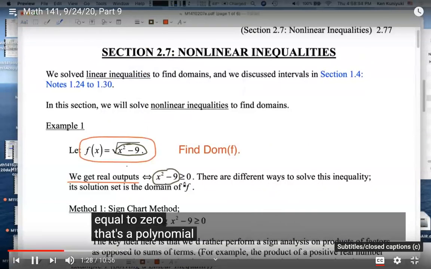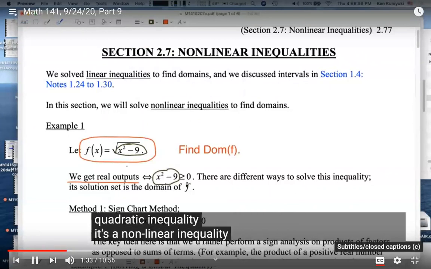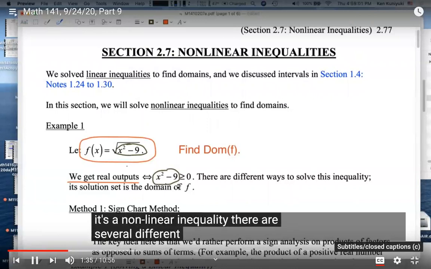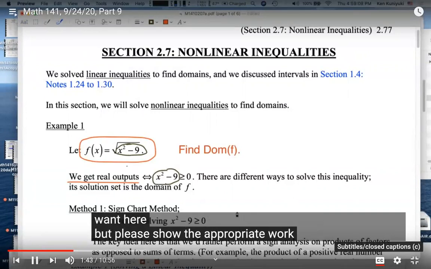That's a polynomial inequality. It's a quadratic inequality. It's a nonlinear inequality. There are several different ways we can solve this, and you can pick your poison. You can pick whatever method you want here, but please show the appropriate work.